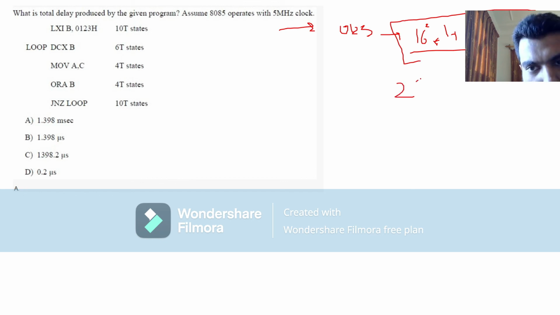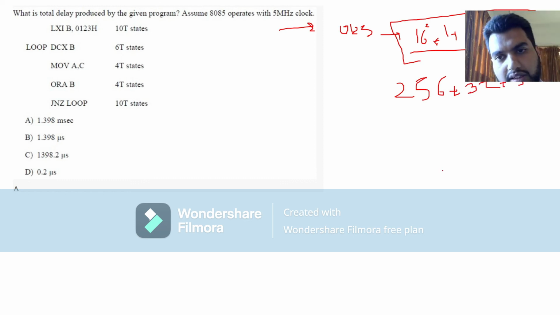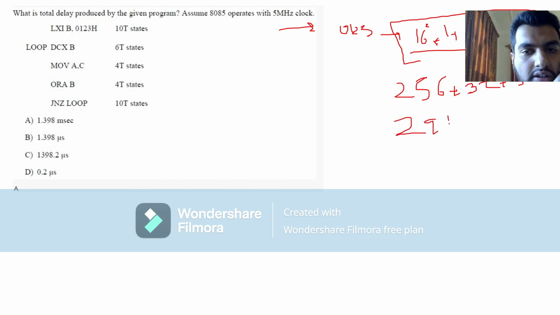So this is 256 plus 32 plus 3. I may be wrong, but let's just check. Okay, 291, right? So 291, the loop will run 291 times.